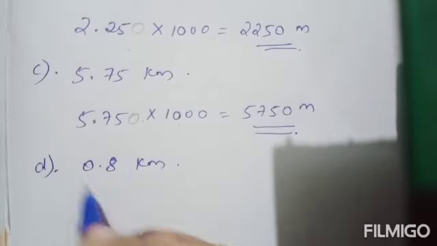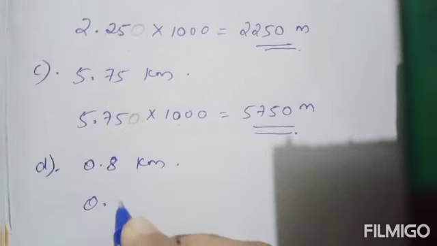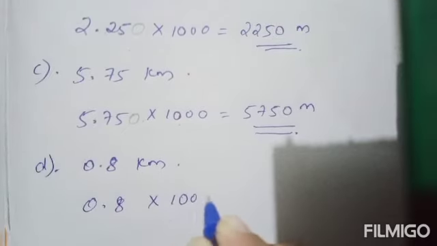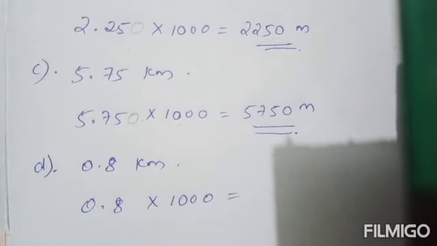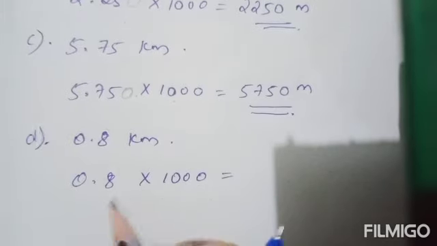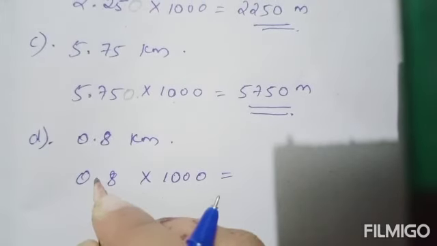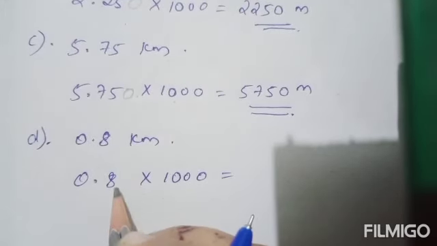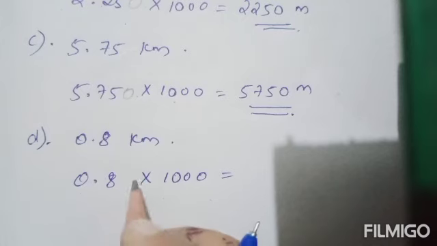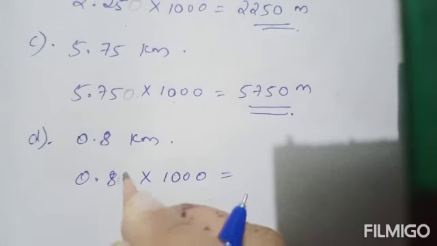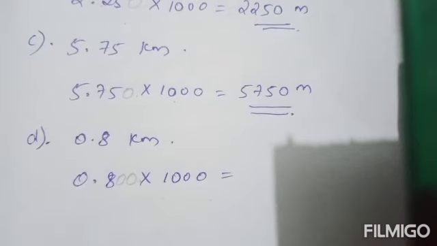Next D, 0.8 kilometer. Now in order to express kilometer in meter, multiply by 1000. So 0.8 into 1000. What will you get? Decimal point will move 3 places to the right, sorry. So this is 1, 2, 3. After this the decimal point will come.